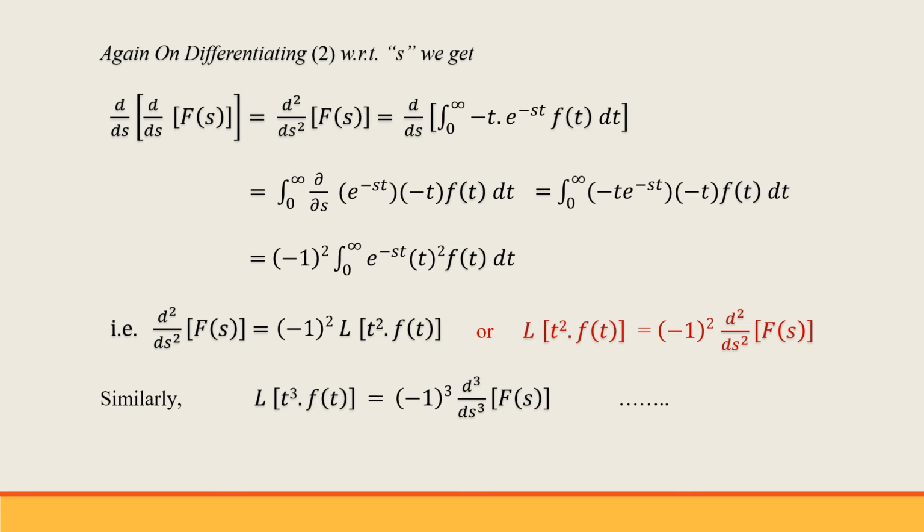So for n times, we get the Laplace transform of t raised to the power n into f(t) as minus 1 raised to the power n d^n by ds^n of F(s). Please note that this is a very important property of Laplace transform, as this property is used in a number of questions.